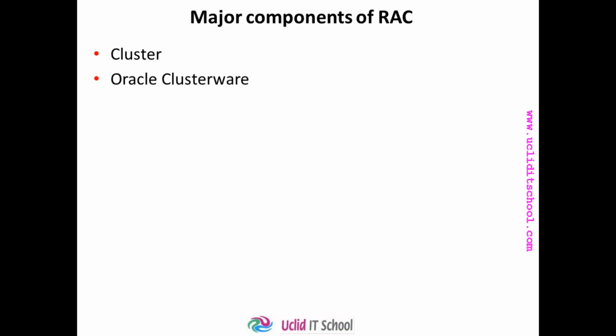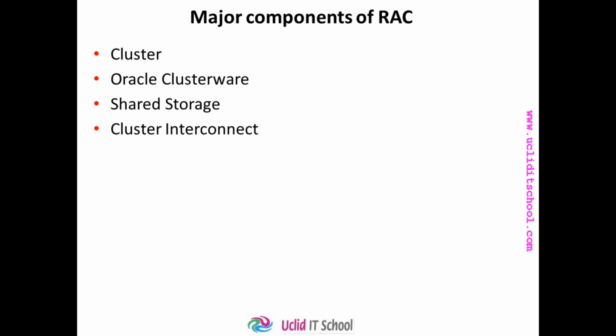Whenever a cluster is there, you need software, and Oracle Clusterware is the required software to implement a RAC. Then shared storage, right? So a cluster is not enough for RAC, you also need shared storage. Then cluster interconnect, which is nothing but the network.